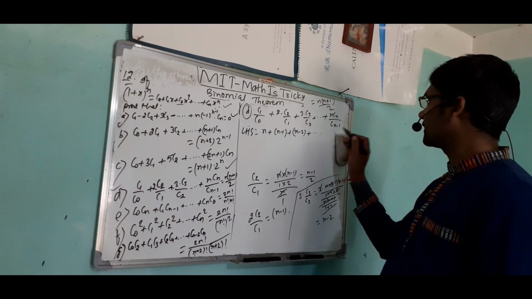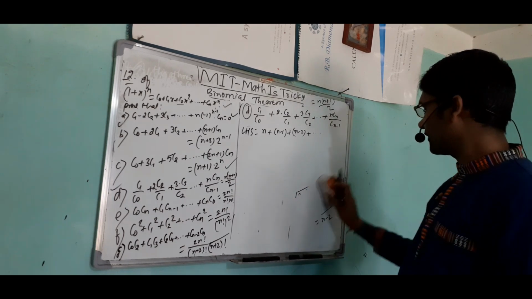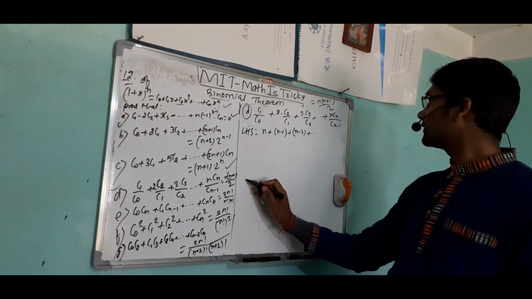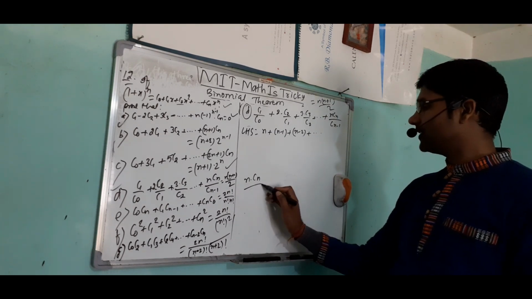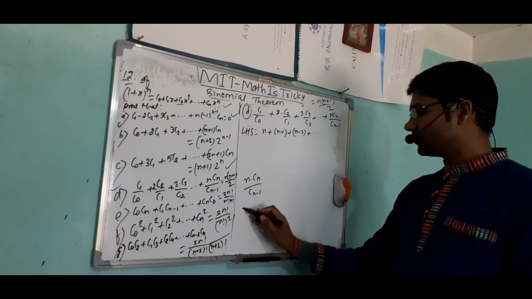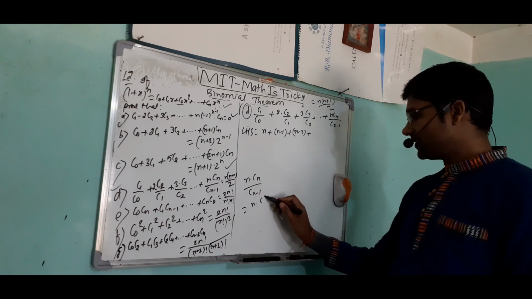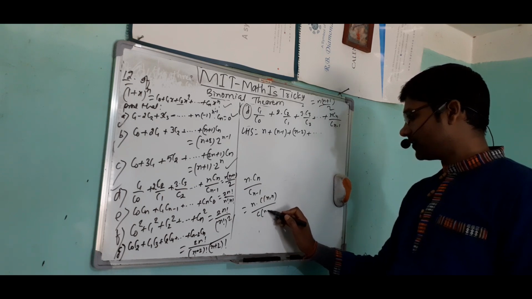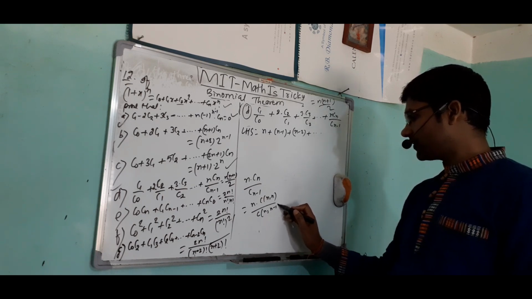Let me show you the value of the last term, n times Cn/C(n-1). Actually the value of this is nCn/nC(n-1).